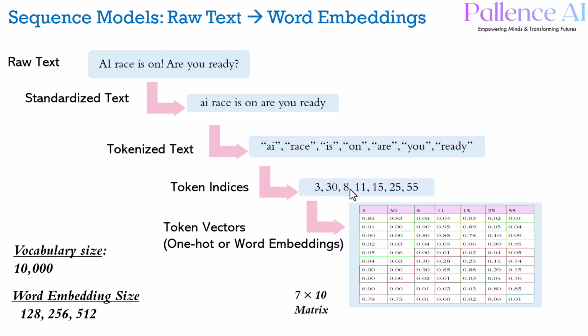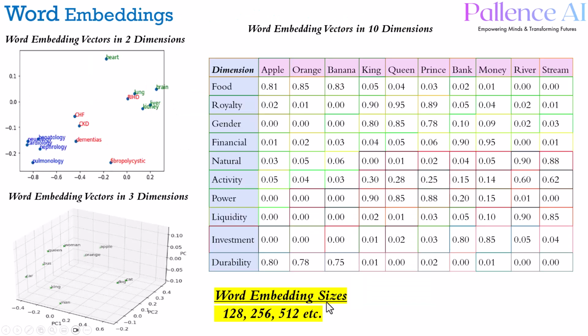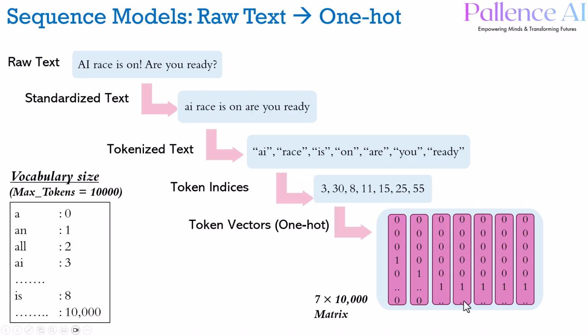One more thing. So now the matrix is going to look like 7 by 10. Previously, when we were using the one hot vector, you see, it's a 7 by 10,000 matrix. So it's going to be computationally more challenging and more complex.